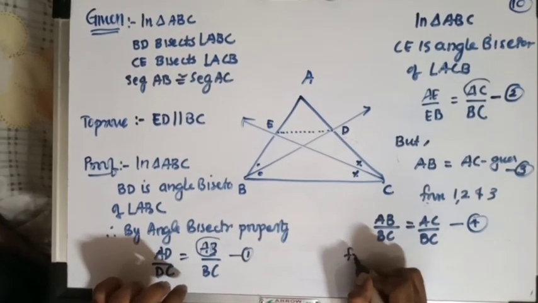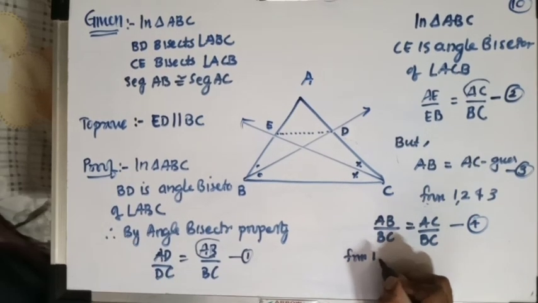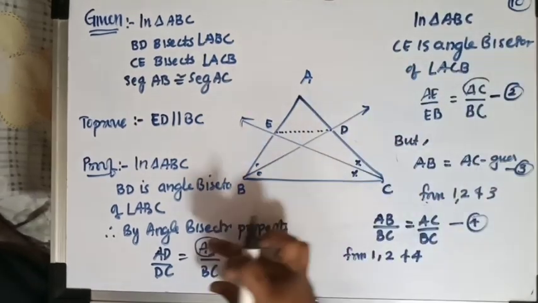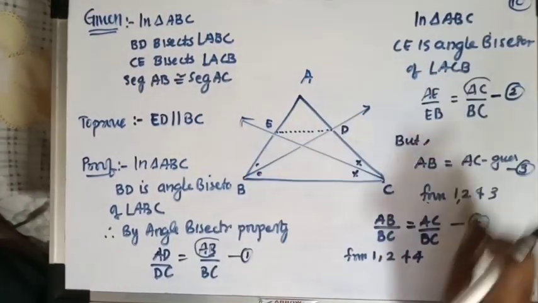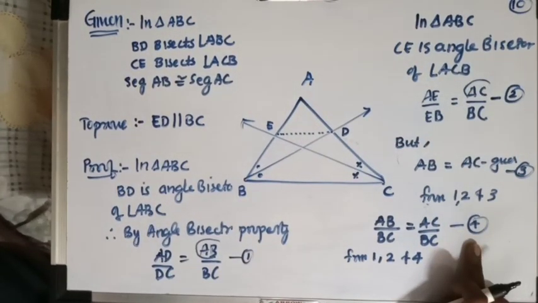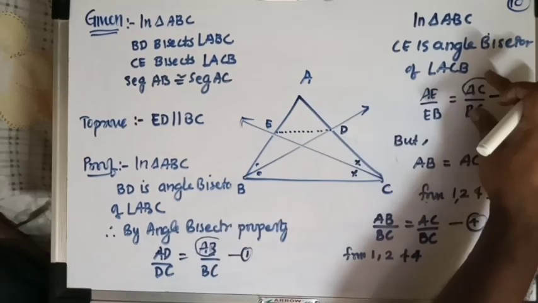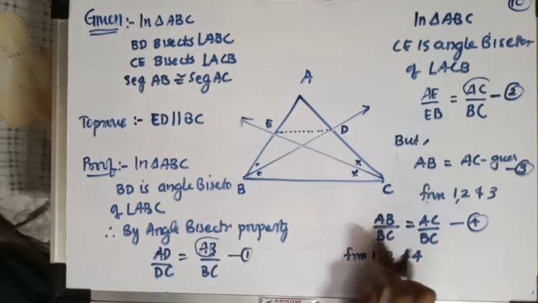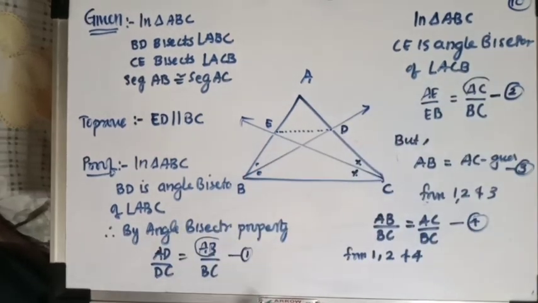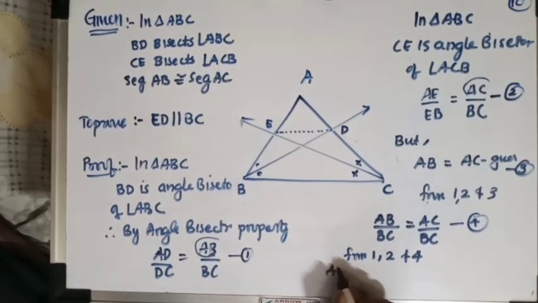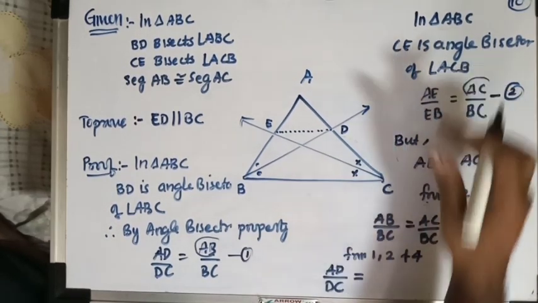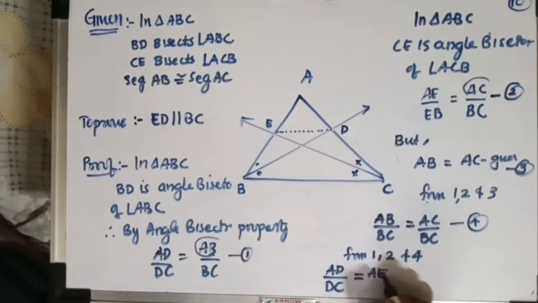Now again I write from 1, 2 and 4. So if RHS is equal from 1 and 2, what do we find? AB upon BC is equal to AC upon BC, right? If RHS is equal, the LHS will also be equal. So from 1 and 2 what will we have? AD upon DC equals to what? AE upon EB.